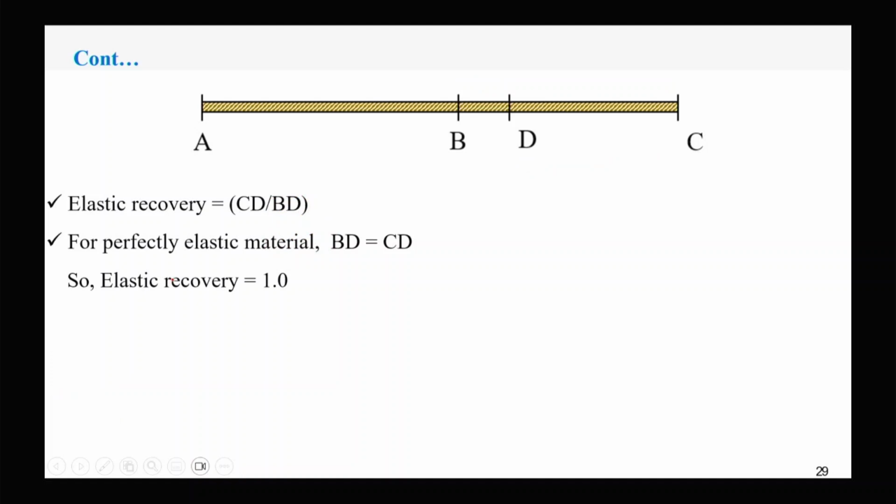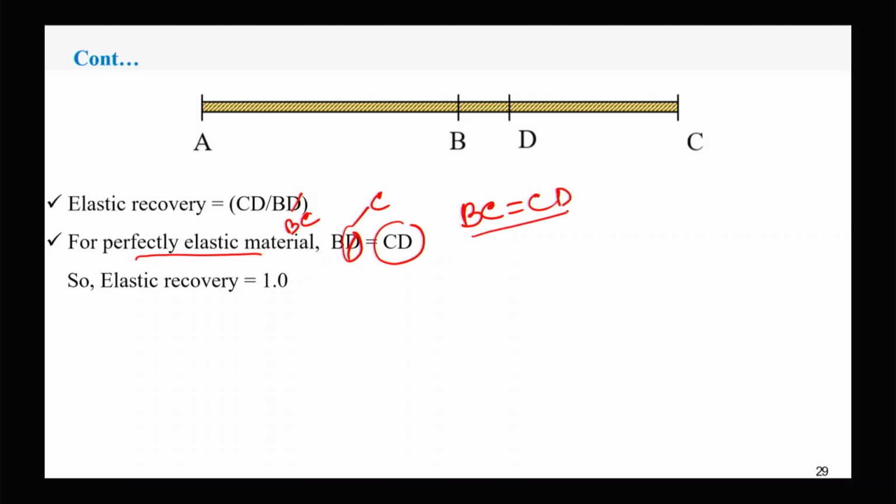And for a perfectly elastic material, that CD will not be D, it will be C. So it will basically be BC. For a perfectly elastic material, BC will be CD.